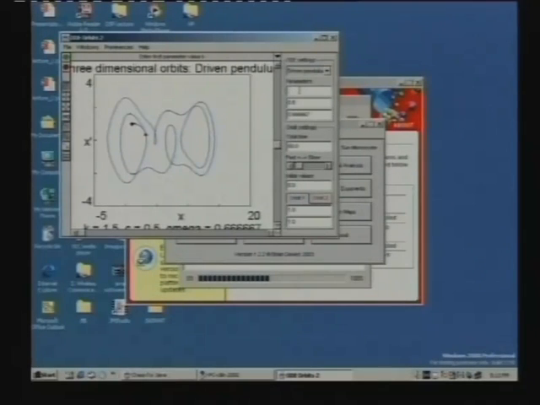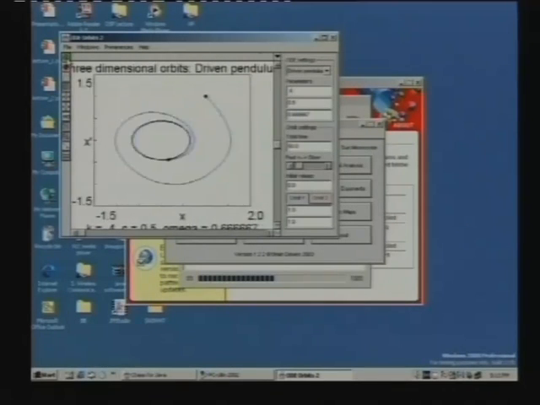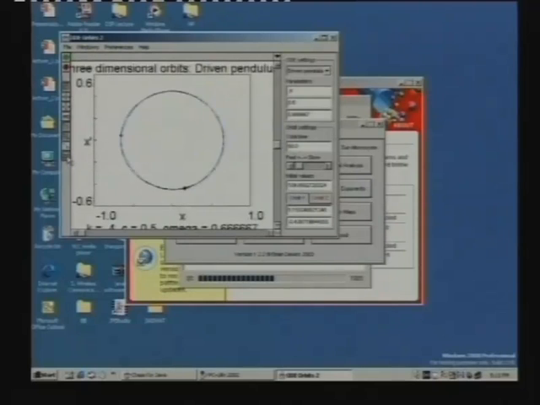Now, here our parameter is the value of k. So, let us start with say 0.4. See, it is homing onto a periodic orbit. Can you see that? It is a nice periodic orbit. Clear?